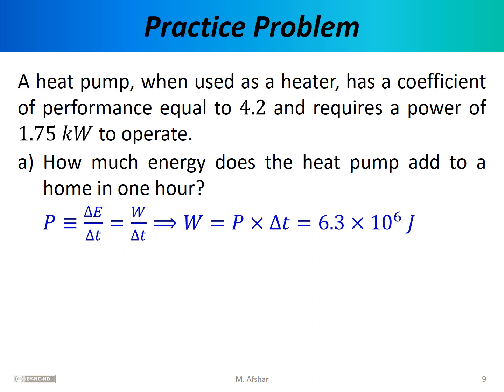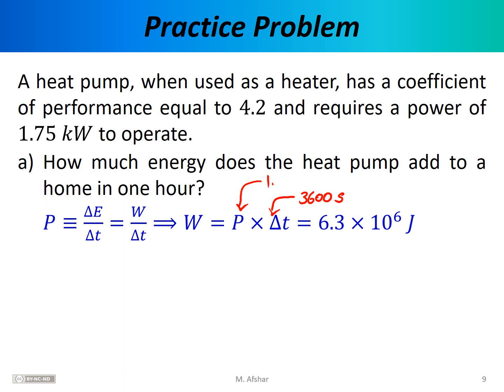It might be useful if you paid attention to the units that are being used in these calculations. In this particular problem, delta T is given to us as 1 hour, but of course the hour is not the SI unit, so we'll have to substitute time as 3,600 seconds. And power, of course, is given to us as 1.75 kilowatts.